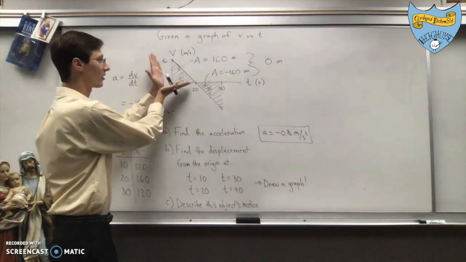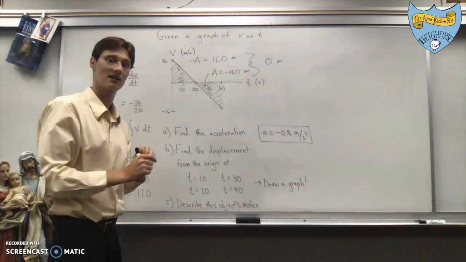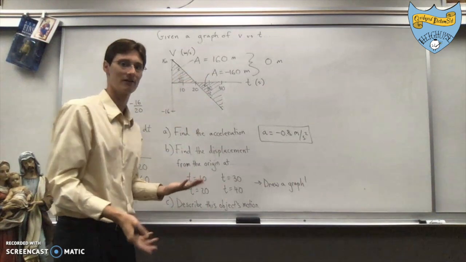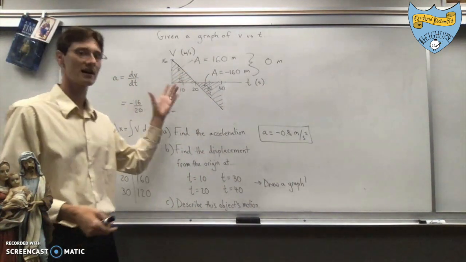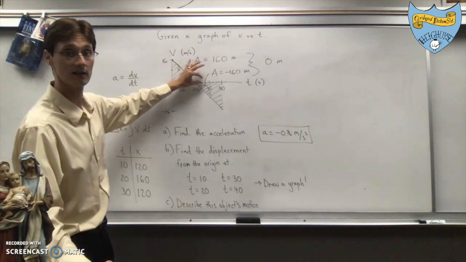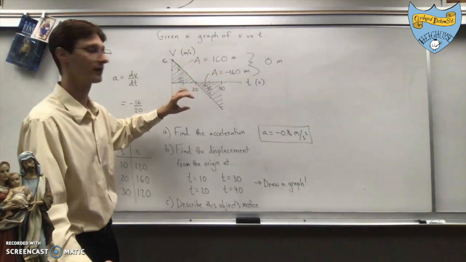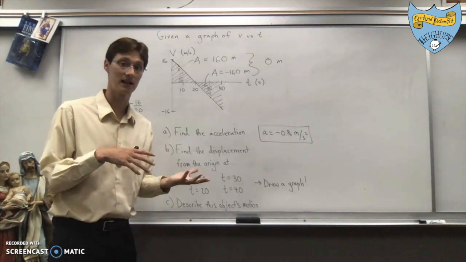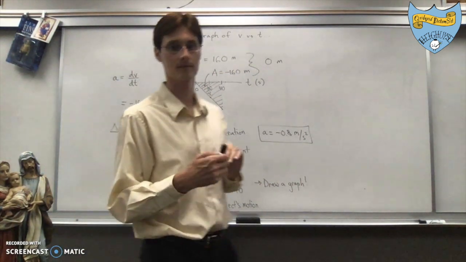Okay, so again, remember, area above the x-axis is positive area. Area below the x-axis is negative area. And in the case of a velocity versus time graph, what that would indicate is forward motion and then reverse motion. And therefore, based on these two areas, this object is ending exactly where it began.